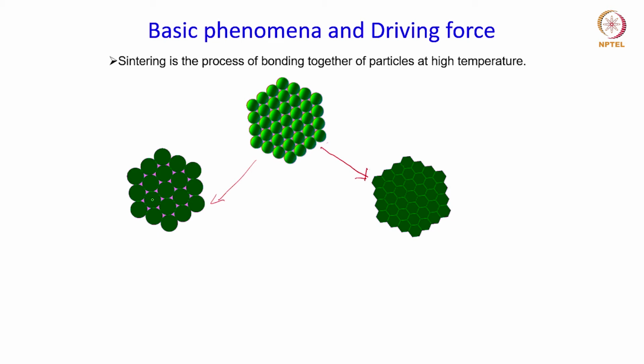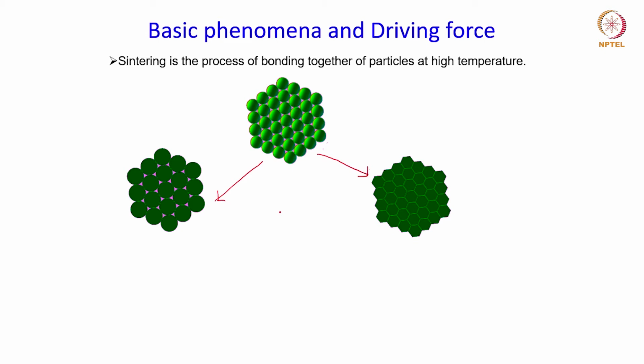Because at high temperature there is a driving force for the growth of the particles as well, as it decreases the total energy of the system. Because as grain growth occurs, the number of grains will decrease, and hence the number of interfaces will also decrease, or in other words, the total grain boundary area will decrease as the grain size increases.